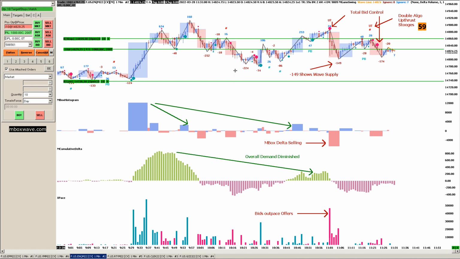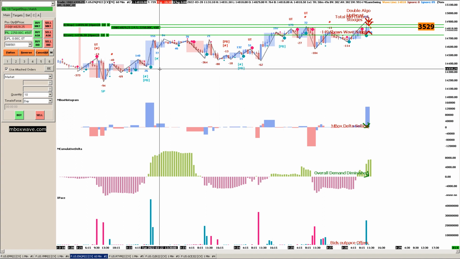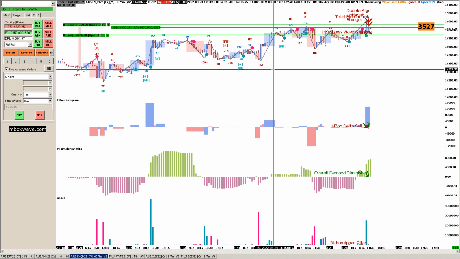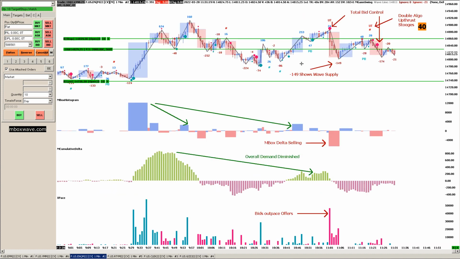For example, if we go to even a 1-hour chart, the numbers are nice and tidy, right? There's no need to use divisors anymore because this is the MBox precision delta. All right, let's get back into it.